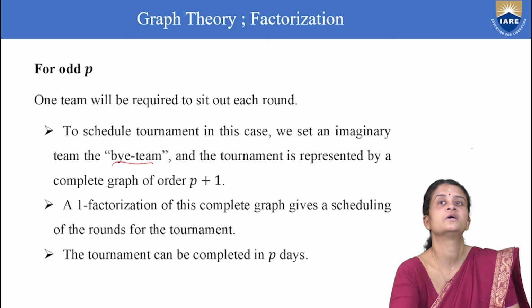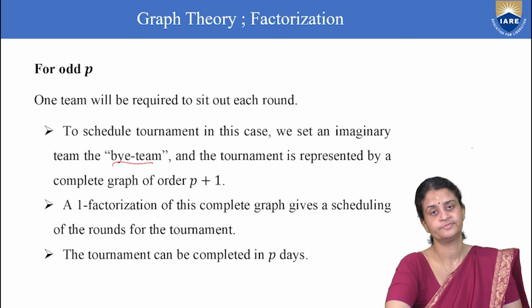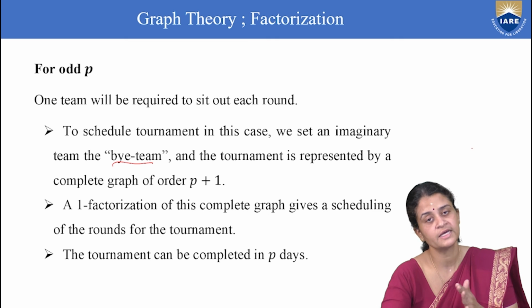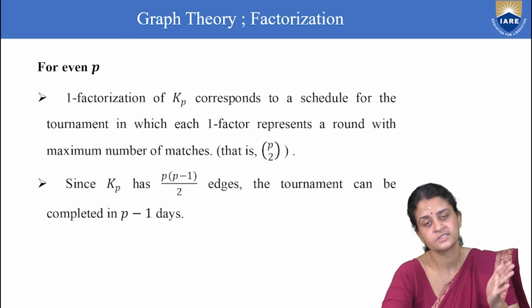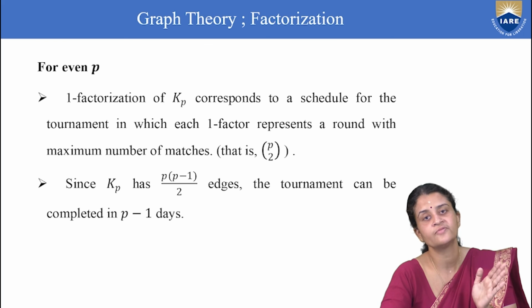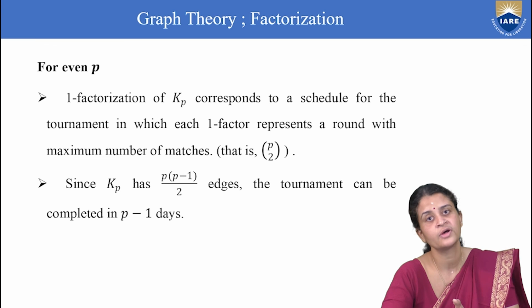I hope you found this factorization okay. That is, we are decomposing a given graph into certain subgraphs of G, such that it is a spanning subgraph with the vertices having certain properties.